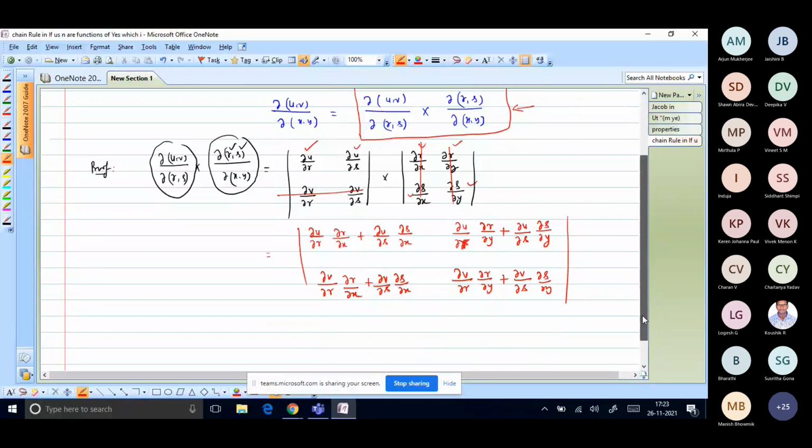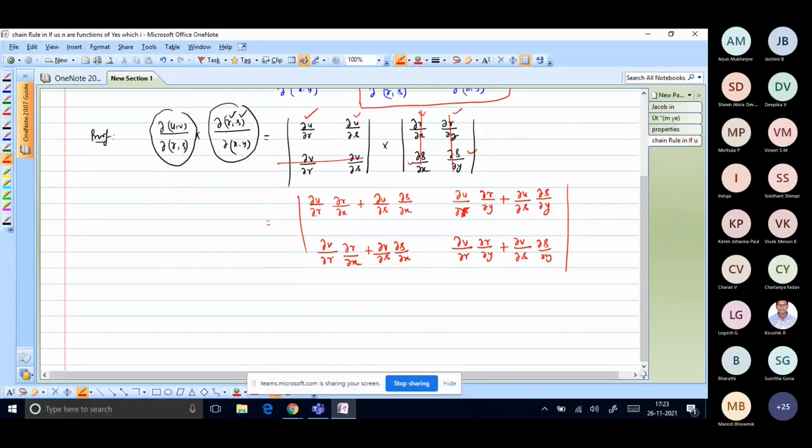So what is the first one? See, u with respect to r, u with respect to s. So this is del u by del x. Next one is del u by del y.